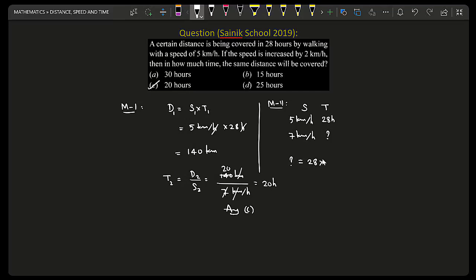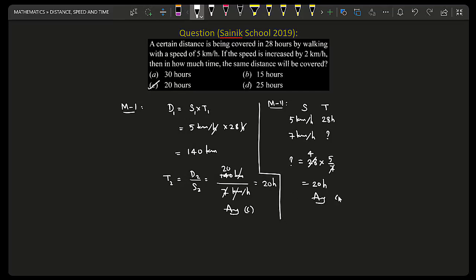Now, do you expect less time or more time when the speed is increased? Sir, less time. So, do you want to write less by more or more by less? Sir, less by more. So, can I go for 5 by 7? Sir, yes, sir. Okay, now simplify this. Sir, 7 fours are 28. Yes, then 4 into 5? Sir, 20. 20 hours.